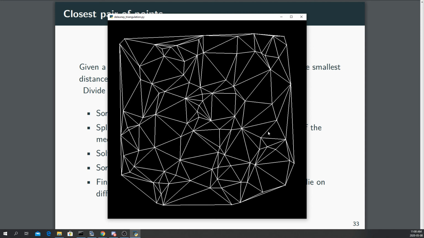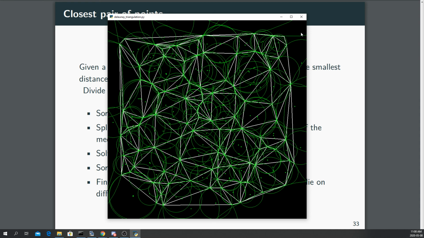So I can draw the circles for you. It's going to look a bit messy because there are so many. So these are all the circumcircles. It's hard to see because we have so many points, but none of these circumcircles contains any point which isn't one of the points that form it.